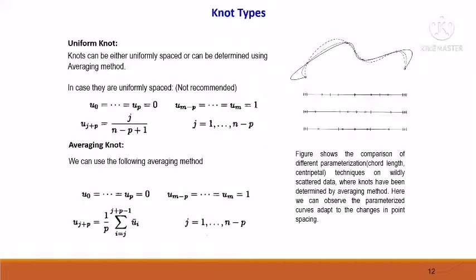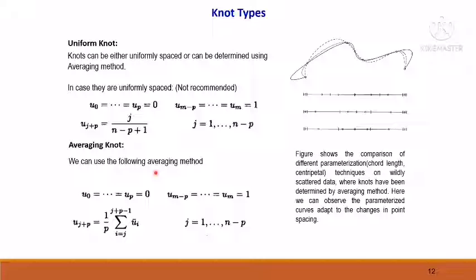So moving on, uniform knot and averaging knot. These are the knot types. The knots can either be uniformly spaced or they can be determined using an averaging method. In case they are uniformly spaced, this is the formula to calculate the knot. Basically this method is not at all recommended, as the uniform knot gives erroneous data.